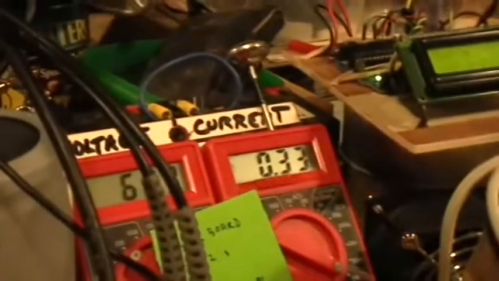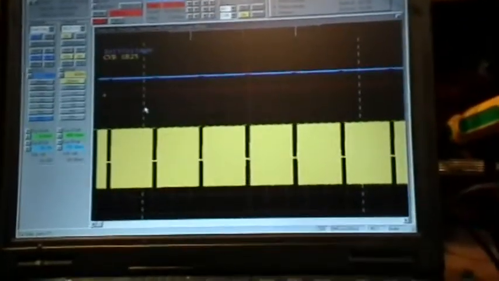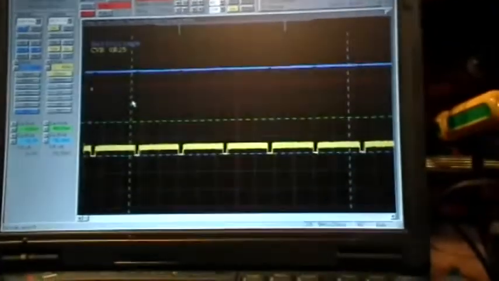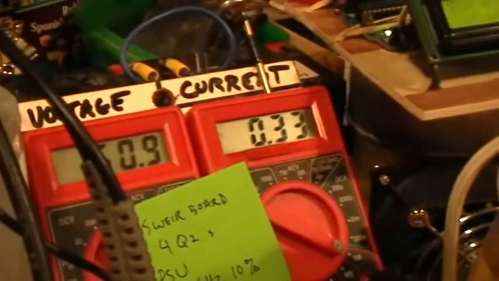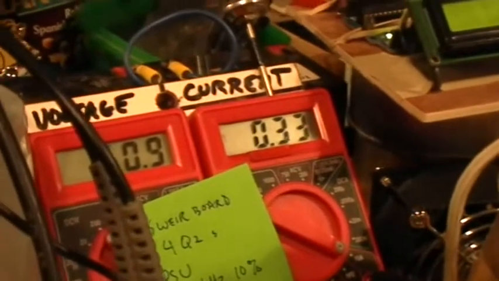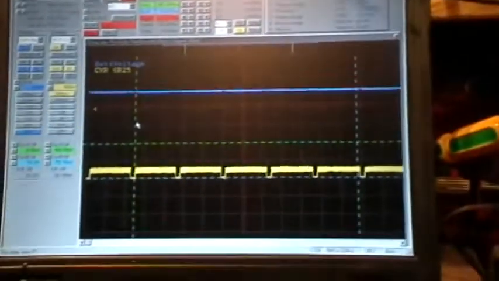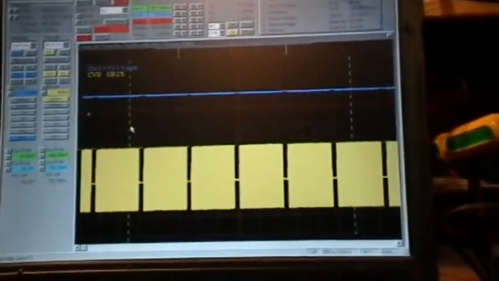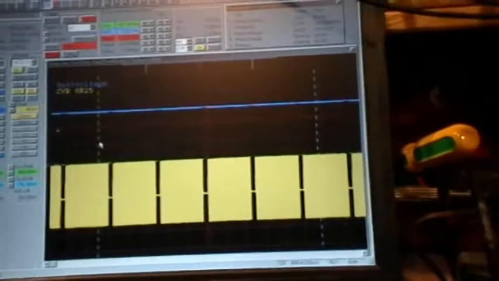So the point is that whether or not I'm using the snubber and seeing those big oscillations on the screen like that, or like that, the average current read by the digital multimeter and also by the scope doesn't change, or changes only by a tiny insignificant amount between those two conditions.